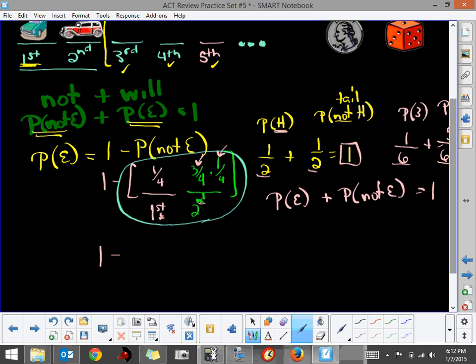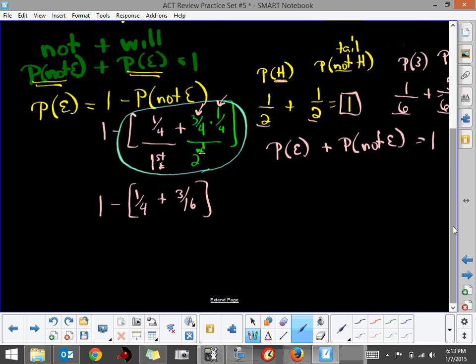It's 1 minus 1/4 plus the chances that I had to wait till the next one, which is 3/16. So now I've got to take 1 minus the quantity 1/4 plus 3/16. This is 16ths, so it'll be 4/16 plus 3/16.